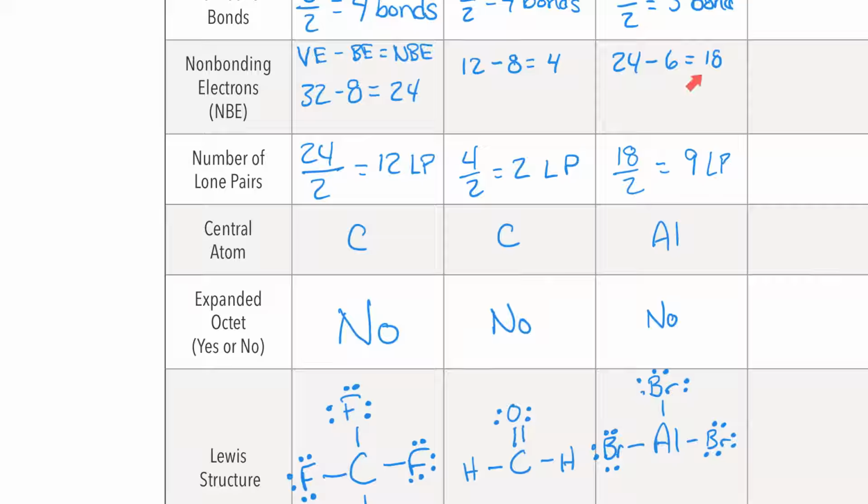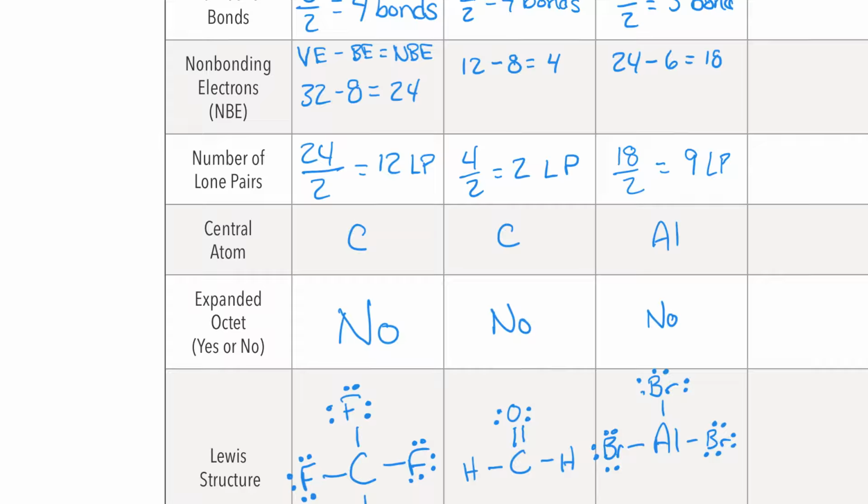So I've used my 18 non-bonding electrons in 9 lone pairs to satisfy the octet of each of these bromines. So each bromine is seeing 2, 4, 6, 8, 2, 4, 6, 8, 2, 4, 6, 8. So each bromine has satisfied its octet.